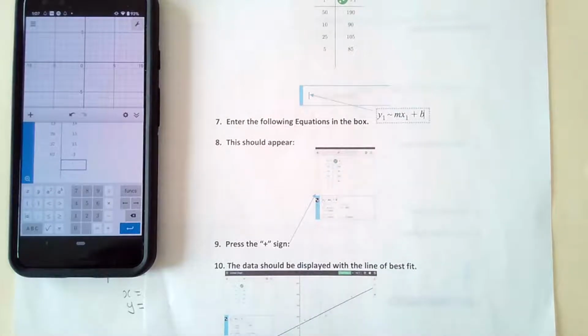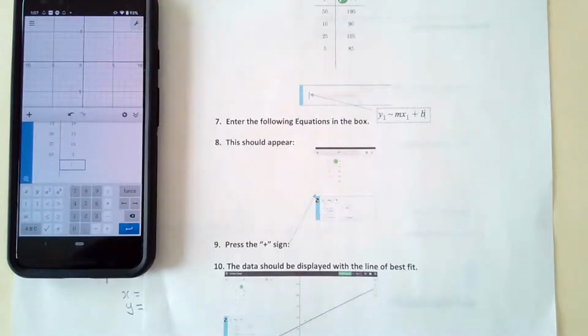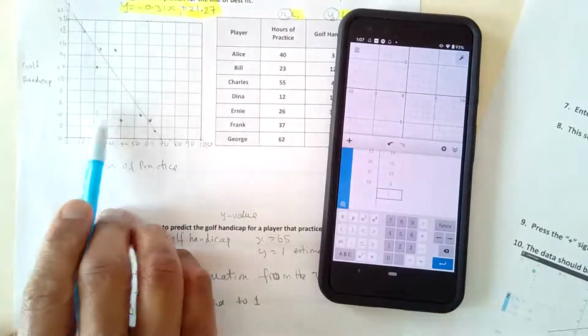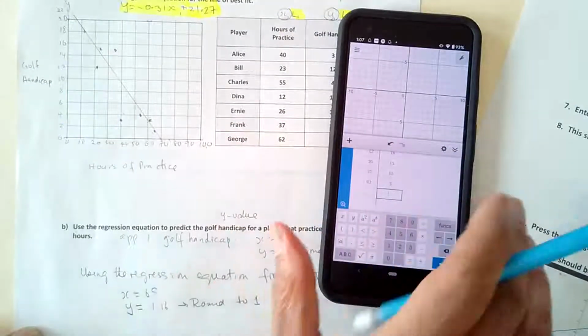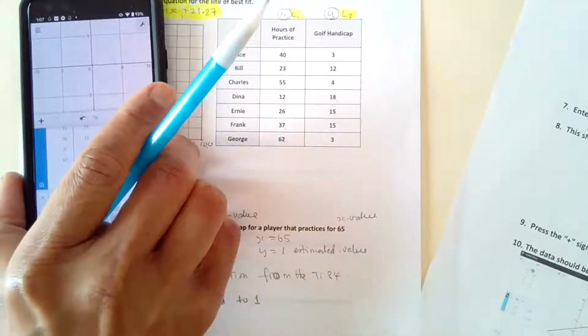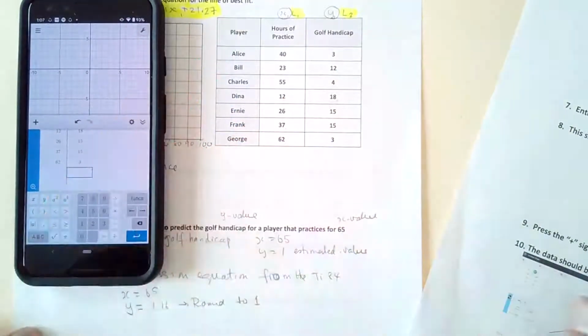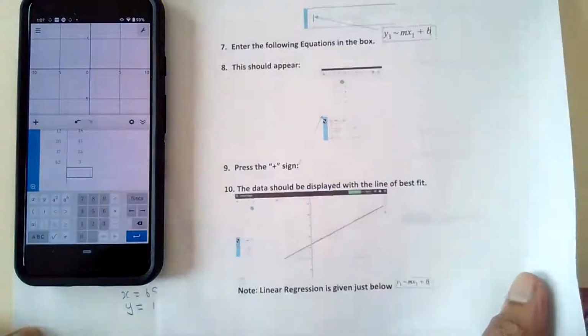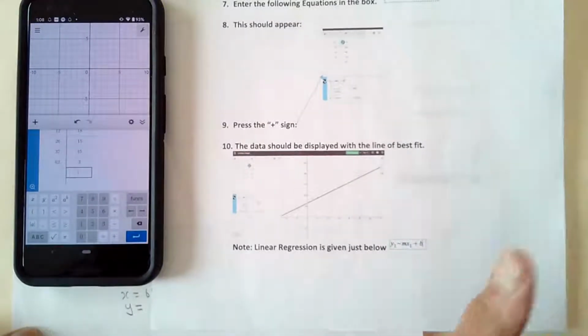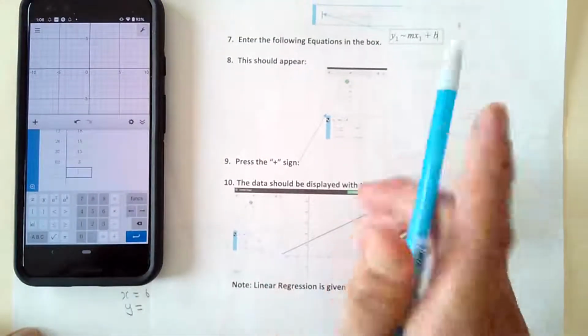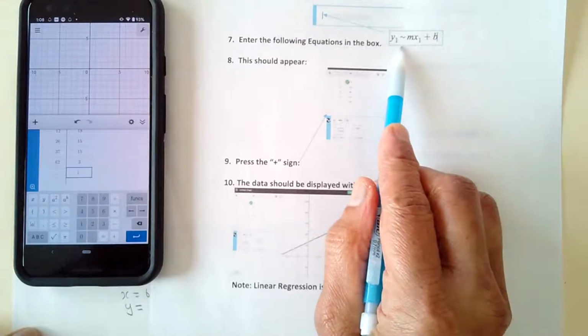Now this is our interface, our graph. We need to see our scatter plot here without the line. Let's do that piece here right now. And this is critical. This is what you have to enter.